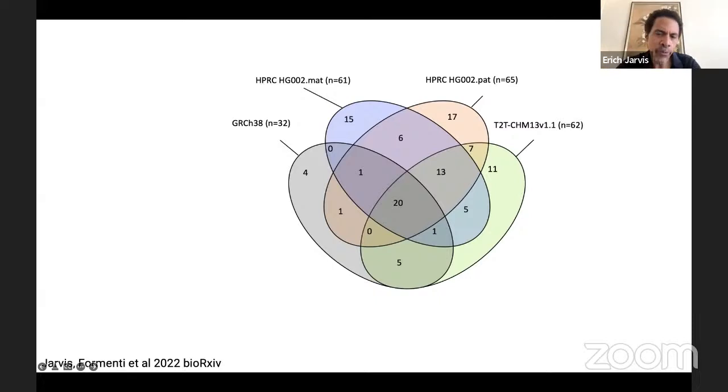We also see there really are up to about 60 genes missing per haplotype in these different individuals, GRCh38 or HG002 and CMH13. And they're overlapping in what is missing between the 2 haplotypes, and they tend to be genes that are already duplicated.